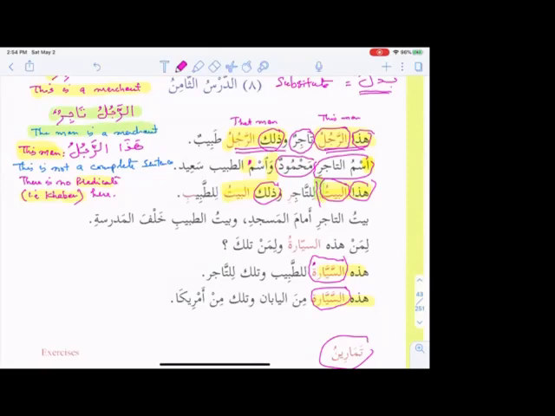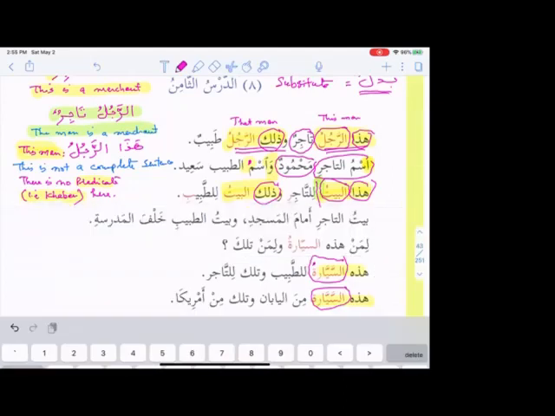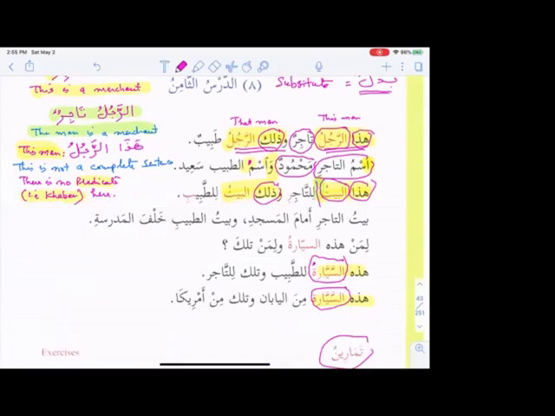So, هذا البيت, هذا مبتدا, بيت, بدل, للتاجر. What is this? La is harf jar. Maybe write it down here. See here, li is harf jar, and then at-tajiri.